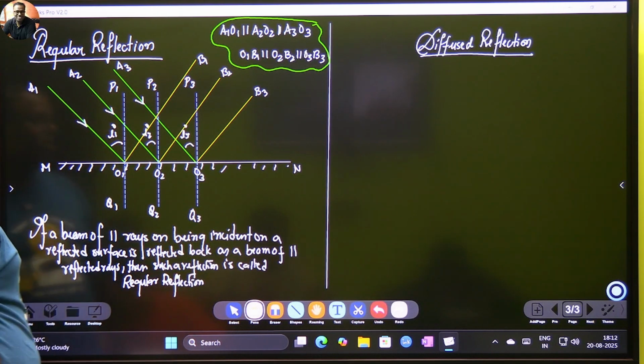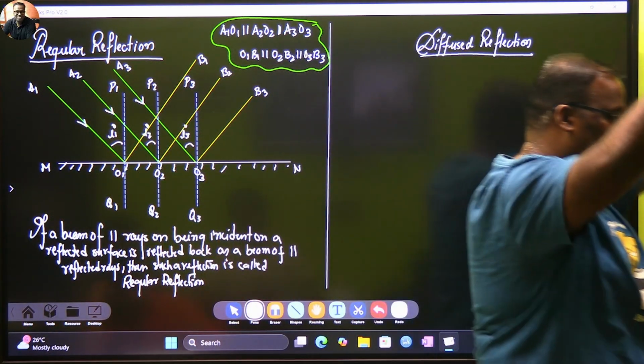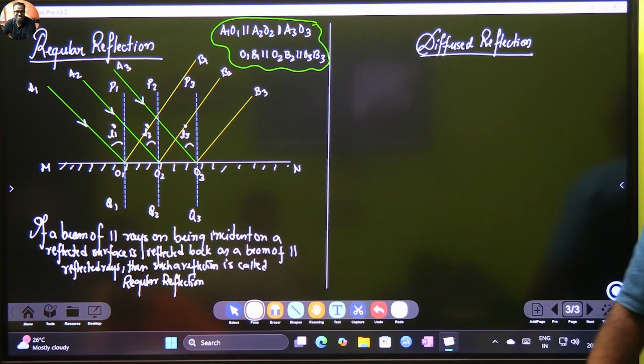Okay, so regular reflection means if a beam of parallel incident rays after reflection is also reflected back parallelly.